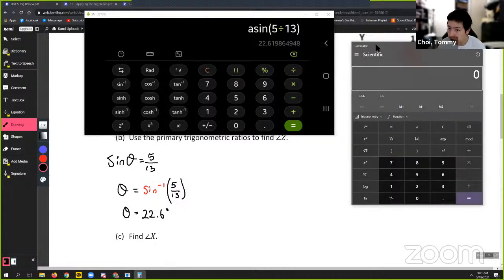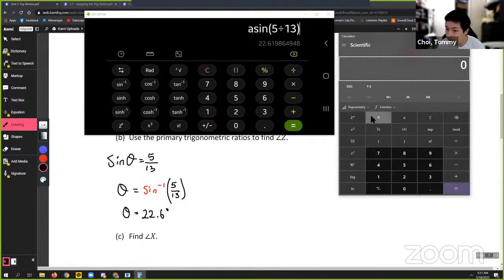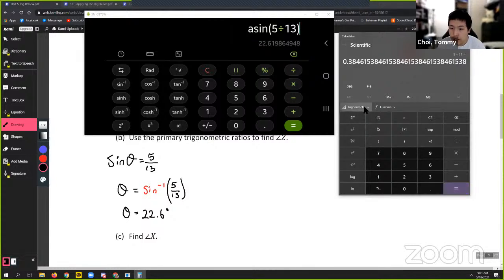For iPhones, you have it a little bit different. For iPhones, you're actually doing the fraction first. So you're going to do 5 divided by 13. Click equals, and you get this long decimal for your fraction. Then you go to your trig. You click second function, find sine inverse, and then click equals.